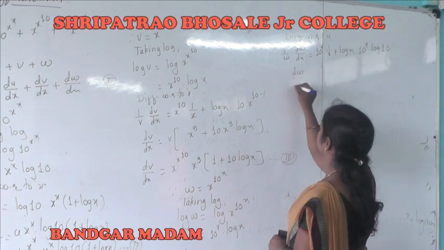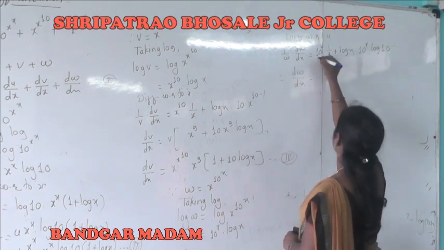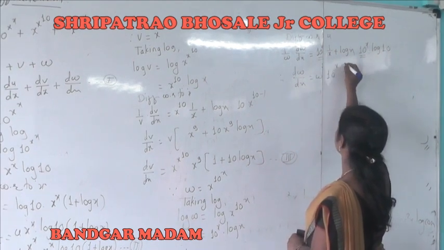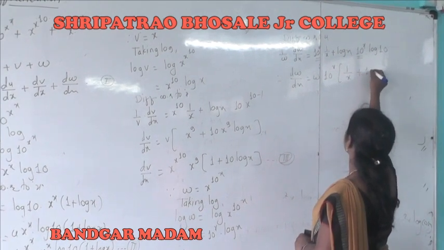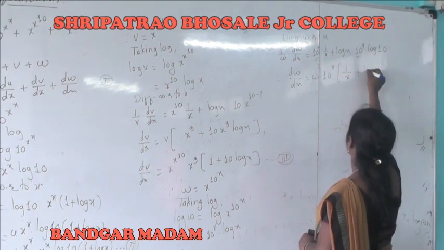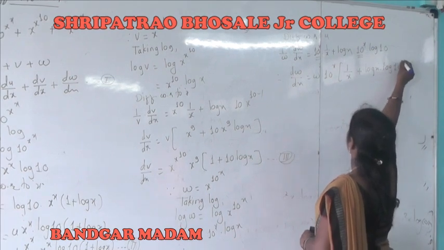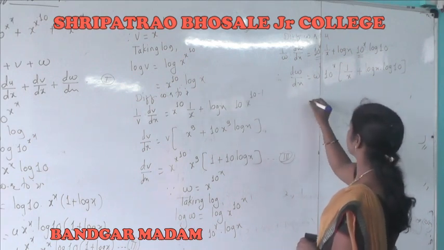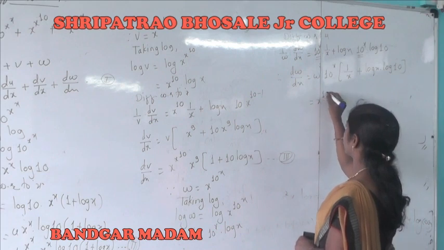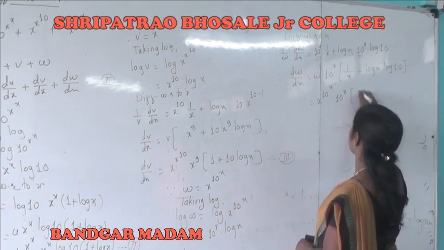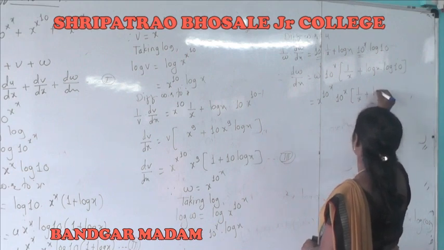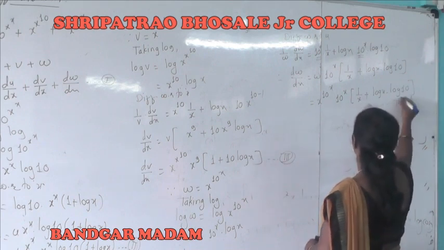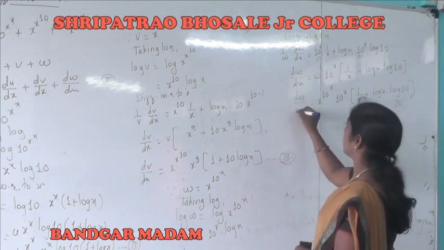So dw by dx is equal to, we'll take 10 raised to x common and w will be multiplied: 10 raised to x in bracket 1 by x plus log x into log 10. Replacing the value of w, which is x raised to 10 raised to x, into 10 raised to x in bracket 1 by x plus log x into log 10. Now this is our fourth derivation, dw by dx.